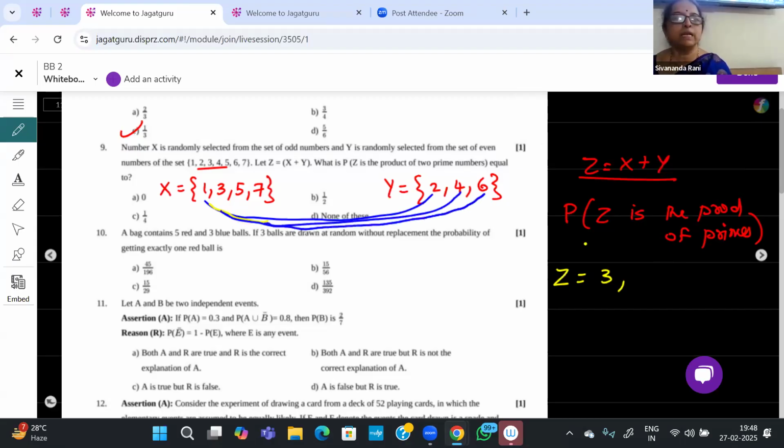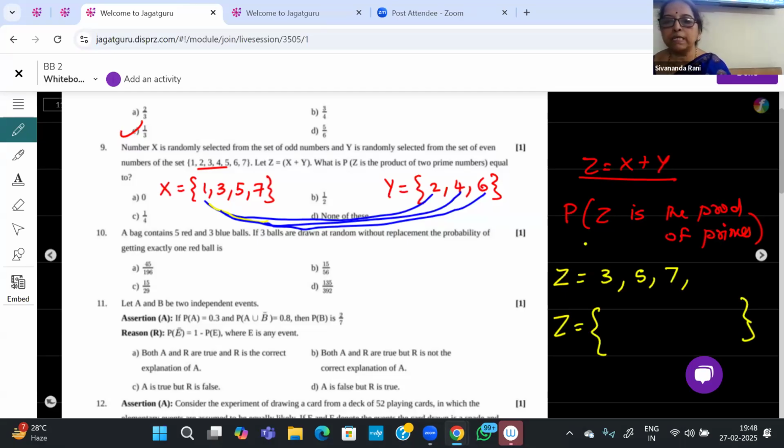1 plus 2 is 3, or it can be 1 plus 4, 5, or 1 plus 6, 7. But these being prime, they can't be a product of primes, right? Okay, then what are the other possibilities? 3 into 2 is a possibility, right? So shall we just pick the possibilities?